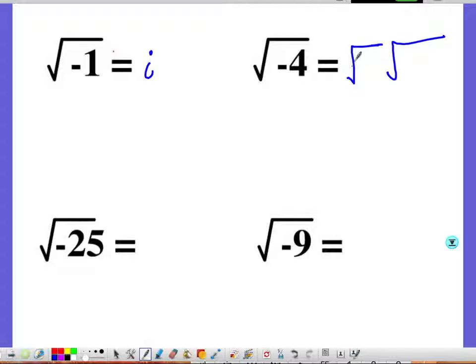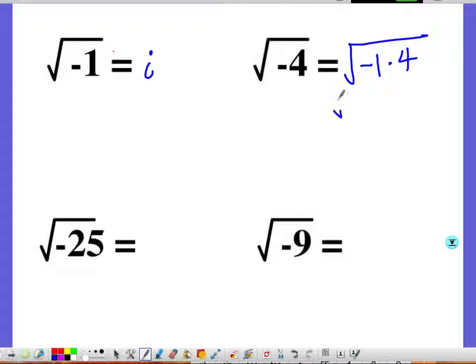Well, actually, since all of these are negatives, we can separate a -1, and actually, let me not skip any steps here. This would be the same thing as -1 times 4, because 4 times negative 1 gives me negative 4.